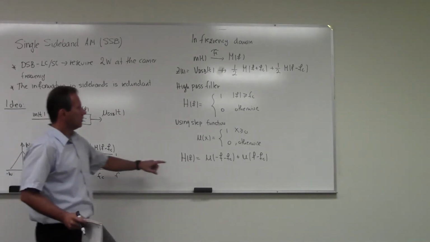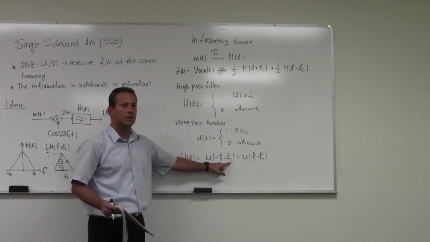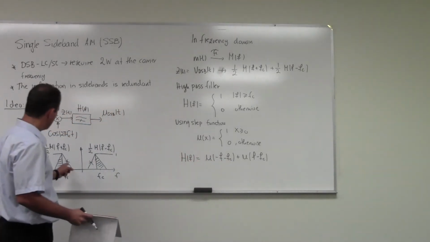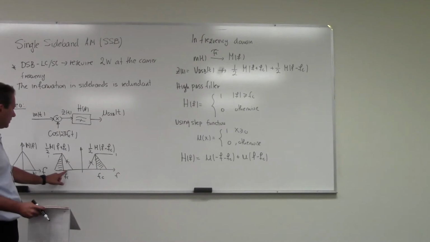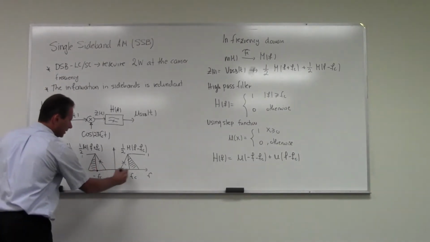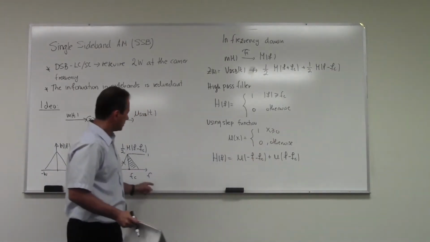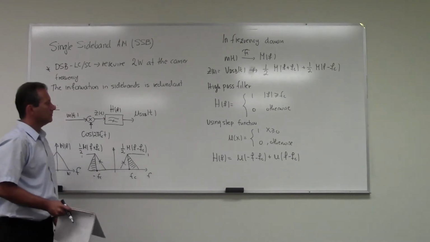You can see here, whenever f becomes more negative than fc, then this whole thing becomes positive. So this is the step going in this direction, starting from fc, and this is the step going, of course, fc is here in the middle, in the positive f direction, starting from fc.